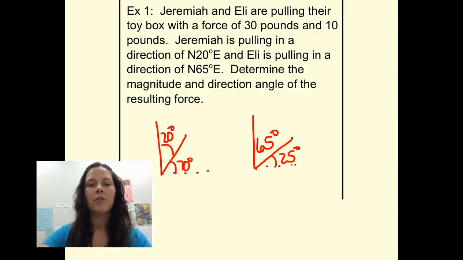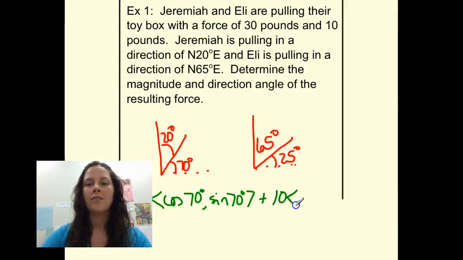Putting these into component form, Jeremiah is pulling with a force of 30 pounds. We're going to take the cosine of the direction angle and the sine of the direction angle. Combining that with Eli's force of 10 pounds and his direction angle of 25 degrees.